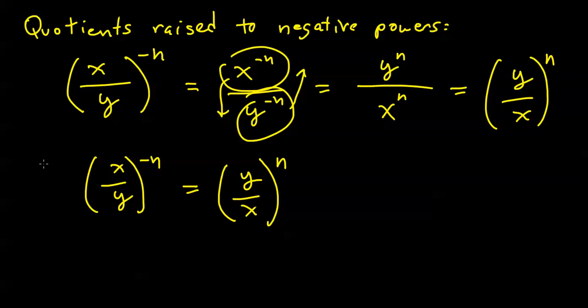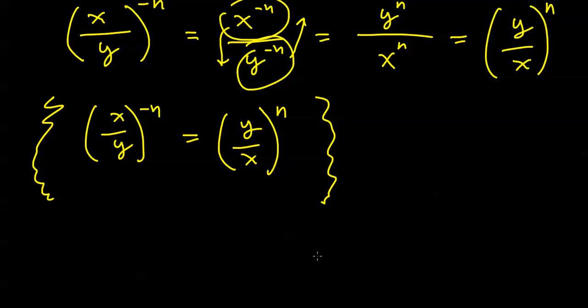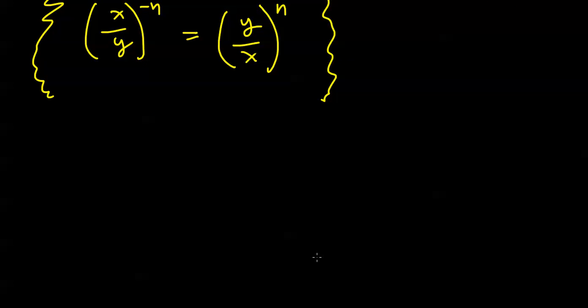If you've got a quotient raised to a negative power, I can invert that internal fraction and change my exponent sign to a positive. And that may be very helpful for some nasty problems. Let me give you some examples of how to use this.